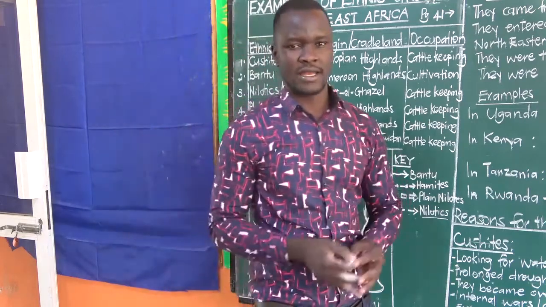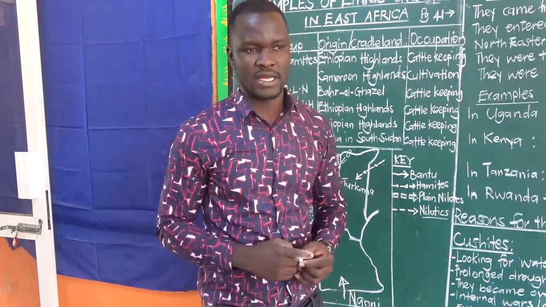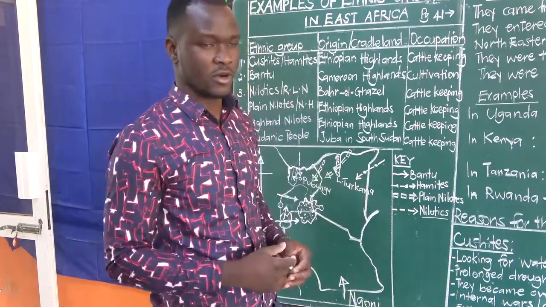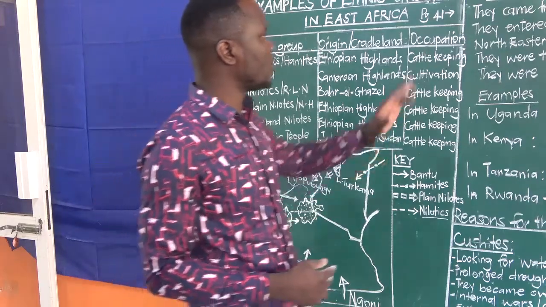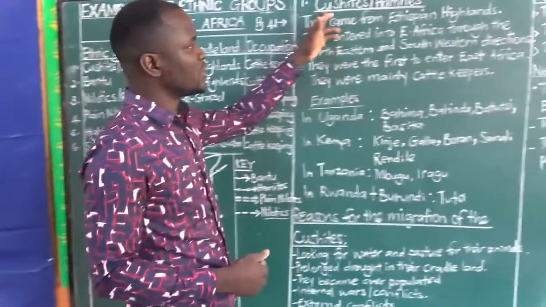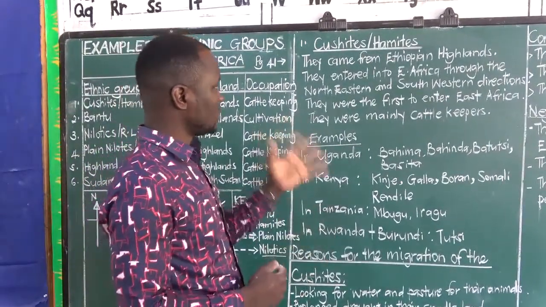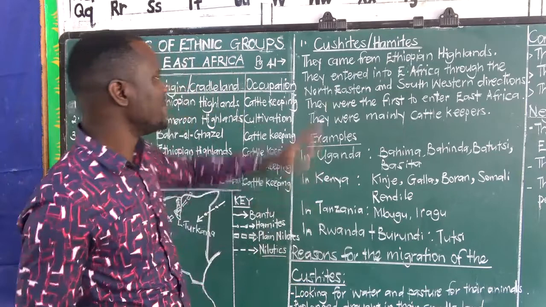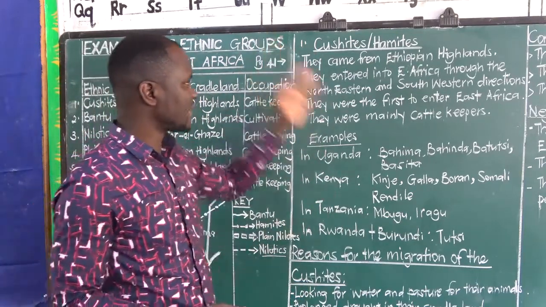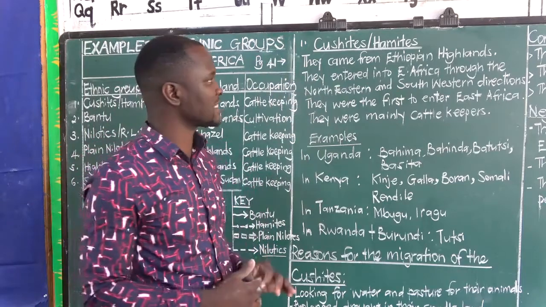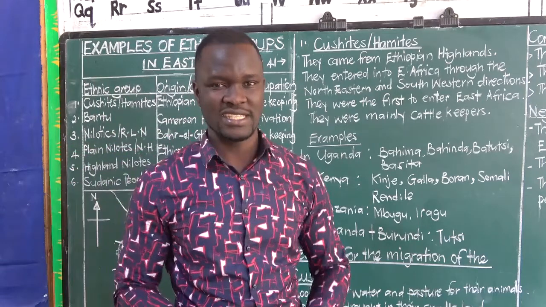Now, having understood that, we are going to be looking at these ethnic groups one by one, such that we shall be able to discuss more about them. The first we have on our board is the group that we call the Hamites, that we can also call the Cushites. We have made this our first one because it was the first ethnic group to come to East Africa.